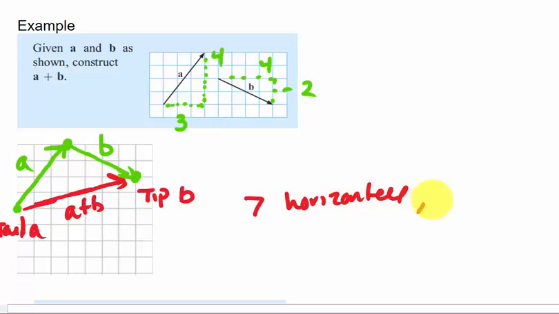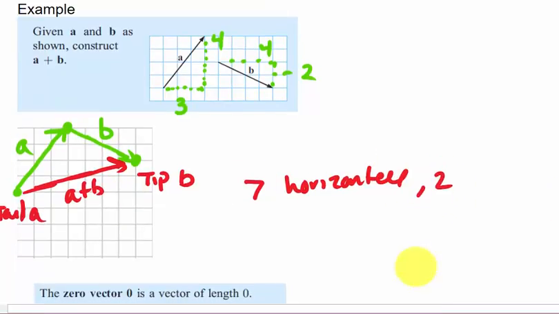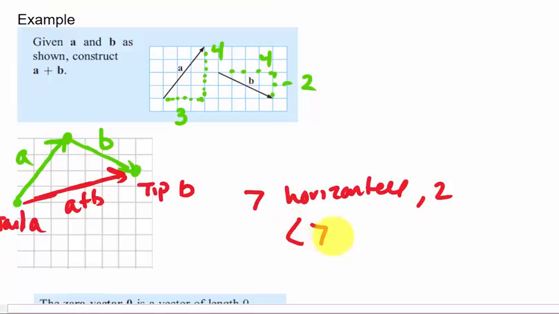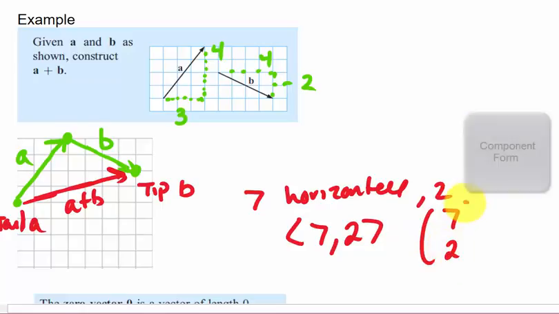And the vertical component is 2. One way that we can write that is 7, 2, like this. Or we could also write it like this.